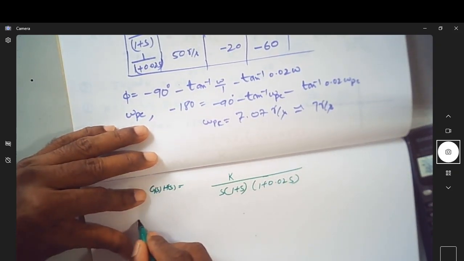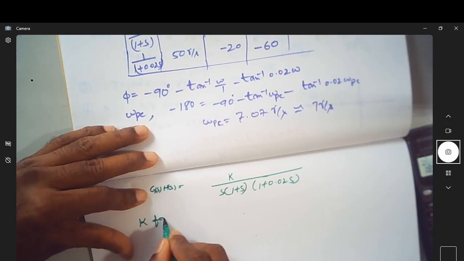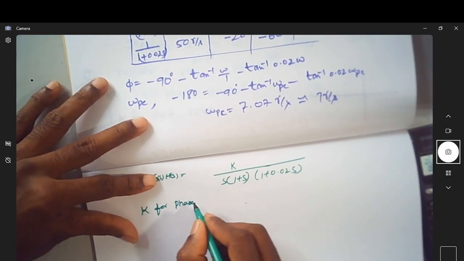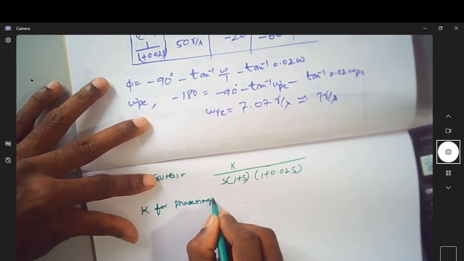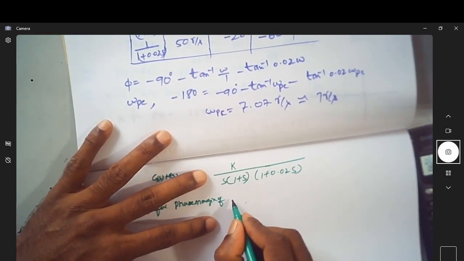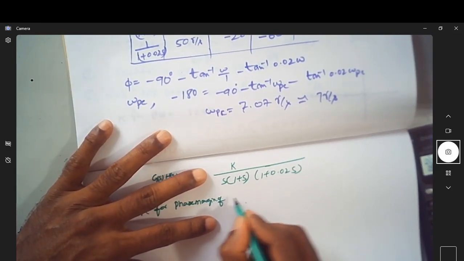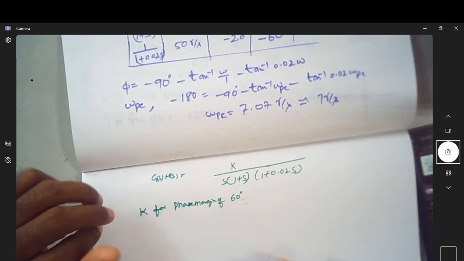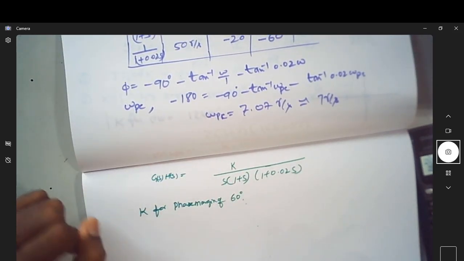Let us try to find the value of K for a phase margin of, let me take it as some 60 degrees. It can be any phase.